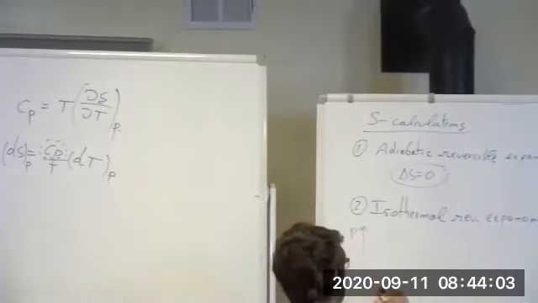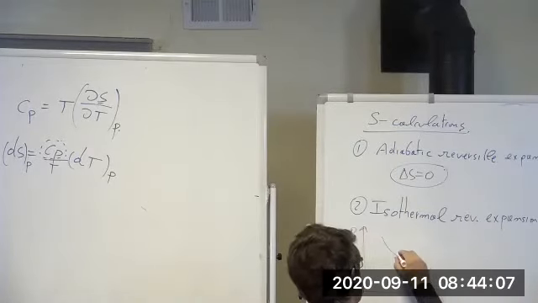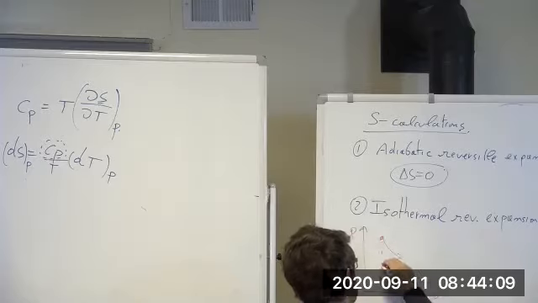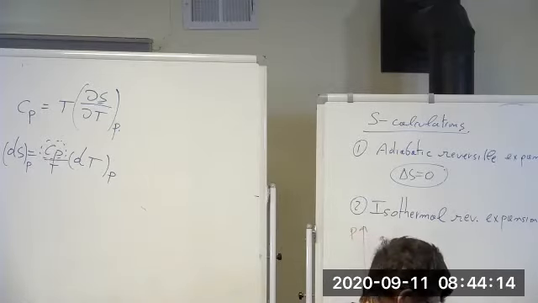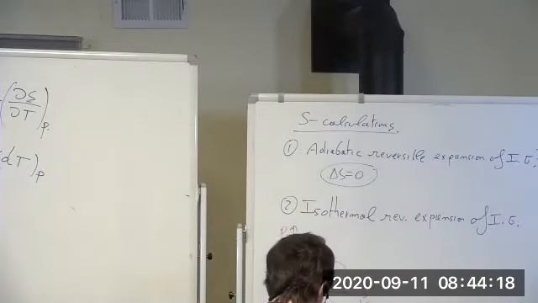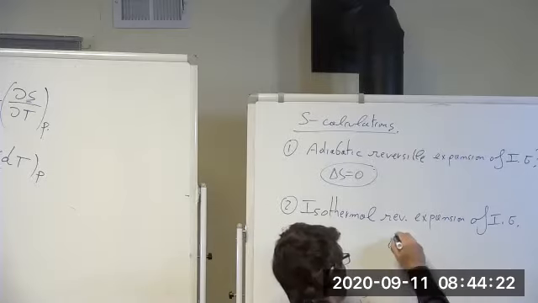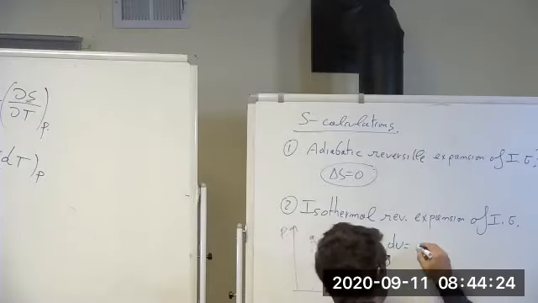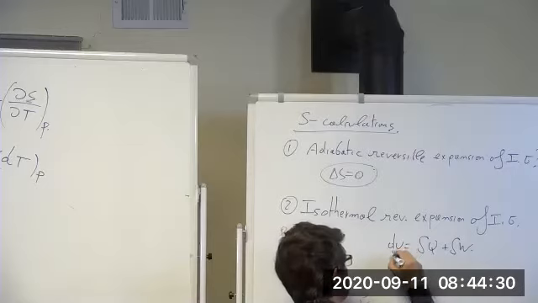So let's draw this in a PV diagram. And so we expand along an isotherm. We know how to calculate the work. And if we know how to calculate the work, we actually know how to calculate the heat flow, because delta U is dQ plus dW, and for an ideal gas this is equal to zero.